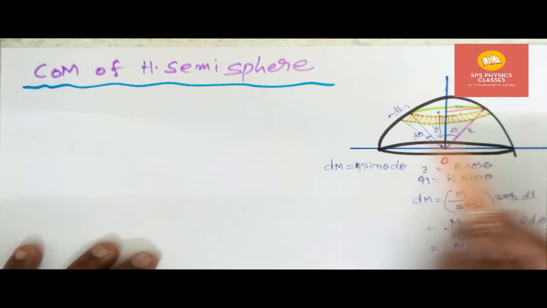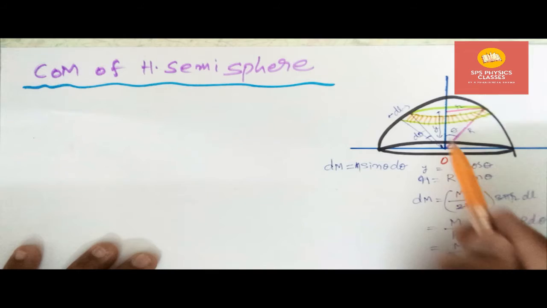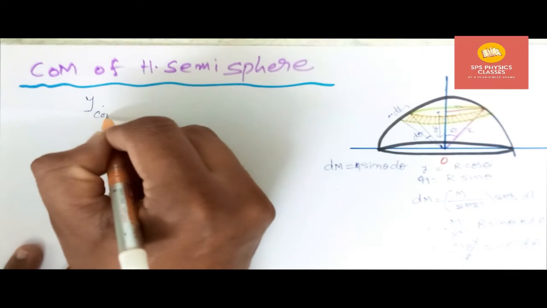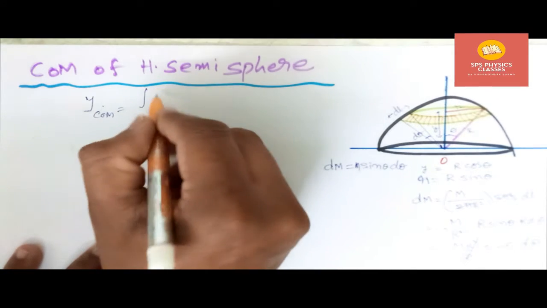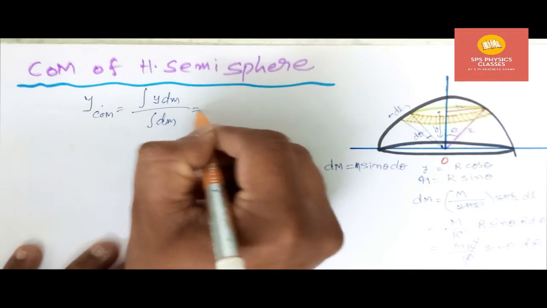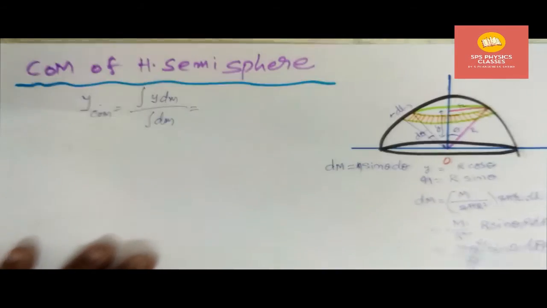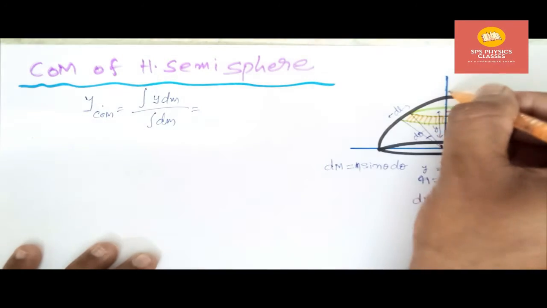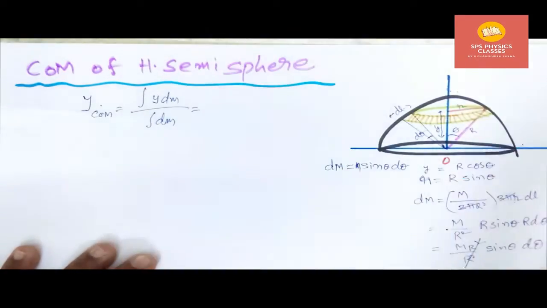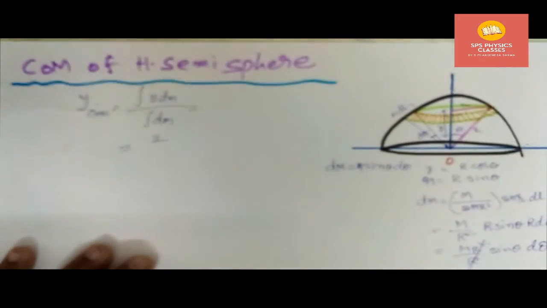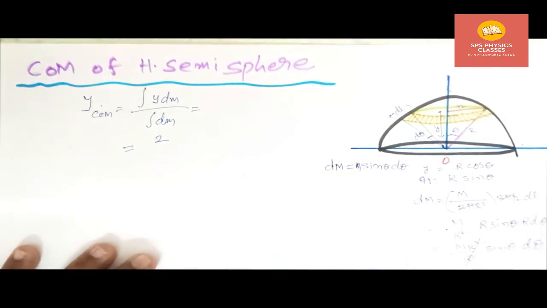Because of the symmetrical distribution, x center of mass is 0 and we only need to find the y coordinate. Therefore y COM is equal to the integration of y dm by the integration of dm. We considered 0 to 90 degrees, and the other half is symmetrical, so it is better to take 2 times the value within the limits 0 to 90.